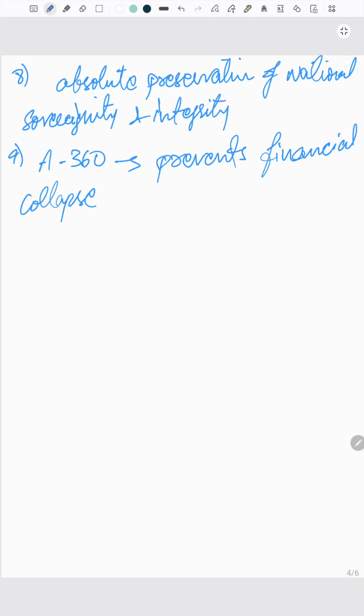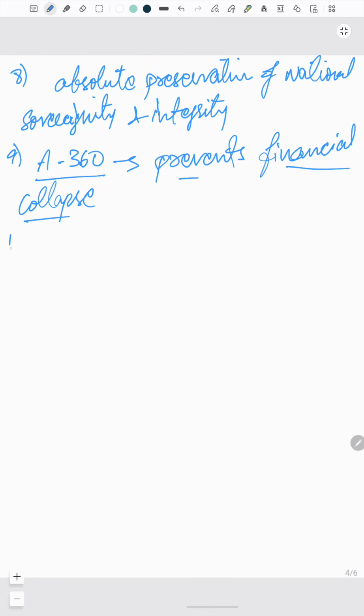As you know, finance is a very important part of a nation's sovereignty. So Article 360 will help in preventing financial collapse. In the long run, India can be a fair enough state, where we don't depend much on any other countries for financial things. So that one is a positive impact.